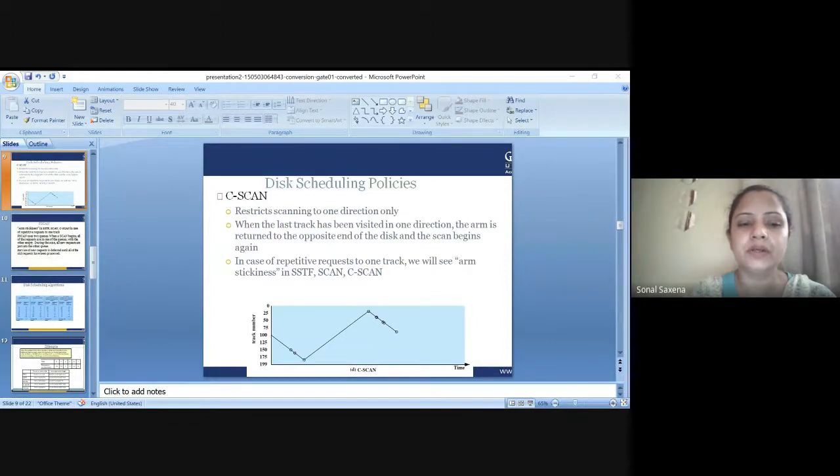Now the example here is, again, consider a request sequence for a disk with 100 tracks. The sequence is 98, 137, 122, 183, 14, 133, 65, and 78. The head pointer is starting at 54 and moving in the left direction here. We need to find the number of head movements in cylinders using C-SCAN scheduling.